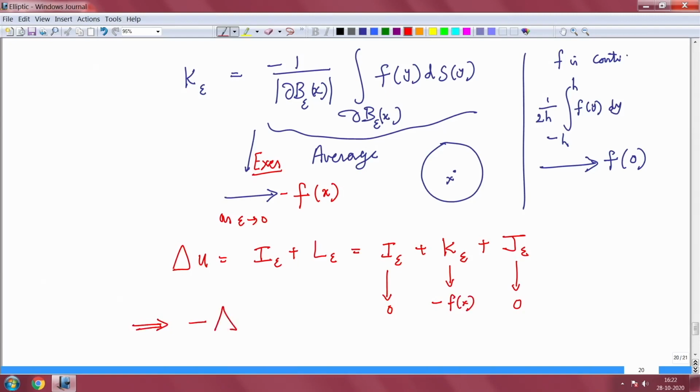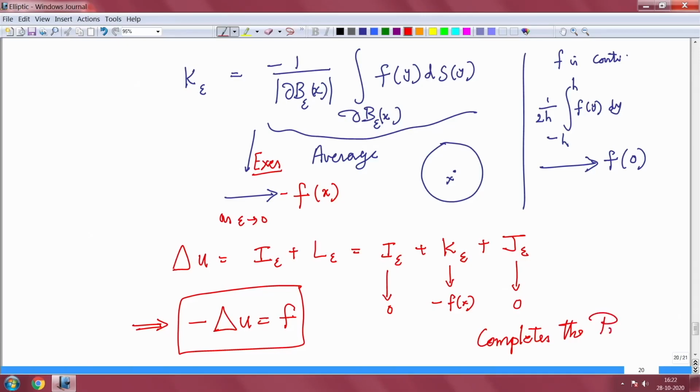So, that implies minus Laplacian of u equal to f. You got the solution, which completes the proof, right.